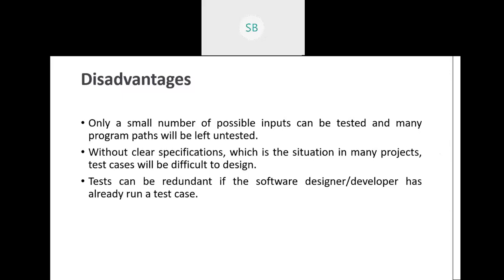But if we have no idea why we are using this software, for us it will be the same thing. We'll be using the same test cases, whatever test cases we used while Facebook was developed, I will use the same test cases for Gmail also. So I won't be able to detect all the errors in Gmail, if it has any.